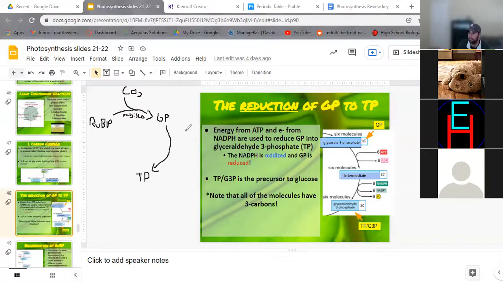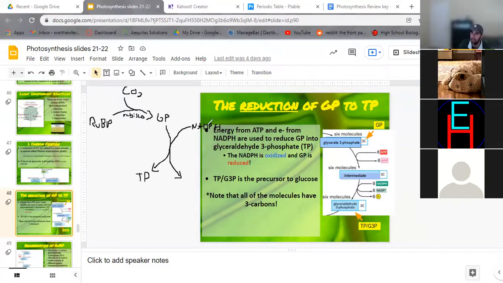We made NADPH. We need NADPH. We need our electron carriers. We need our electron taxis here. Don't forget that the point of NADPH is just to deliver electrons for redox reactions. So NADPH needs to come and it reduces GP, it gives it electrons.